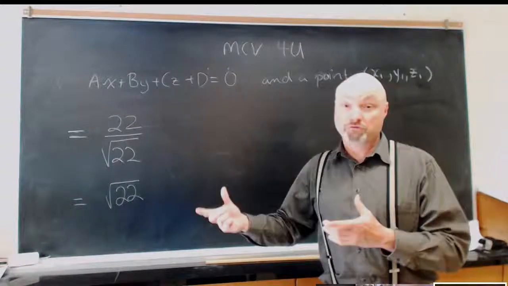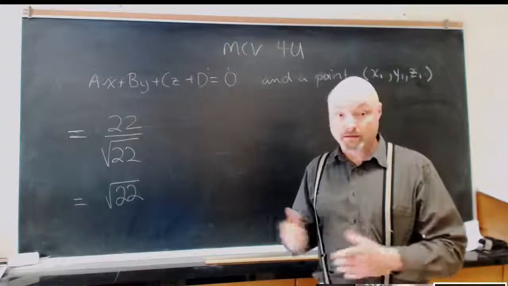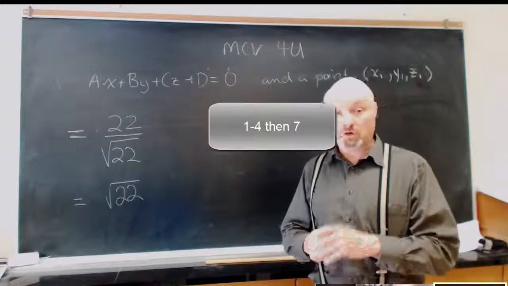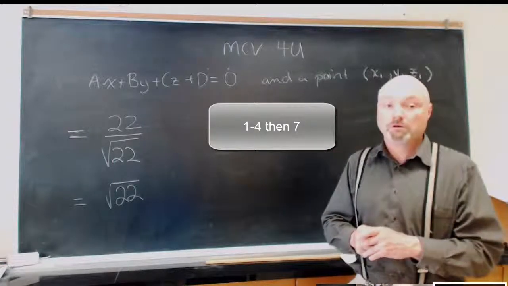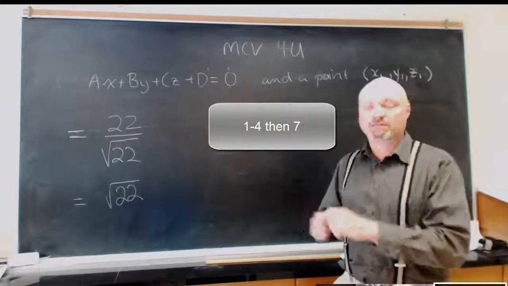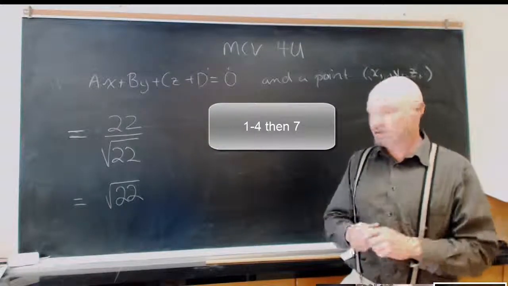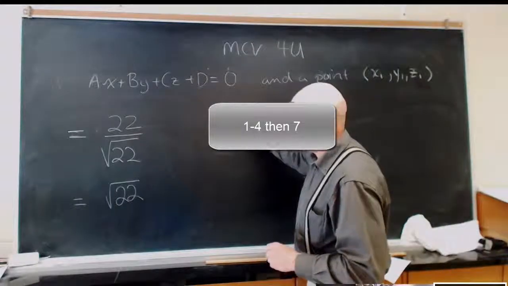You'll be given 3 points. Sometimes you'll be given a direction vector and a couple of points. So you might be doing a little bit of investigation to figure out what the normal vector is, or what pieces of information are going to give you the vectors that are on the plane. So we'll keep it nice and simple.